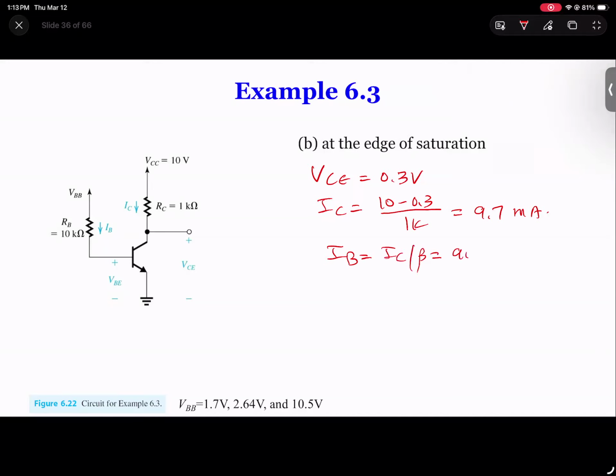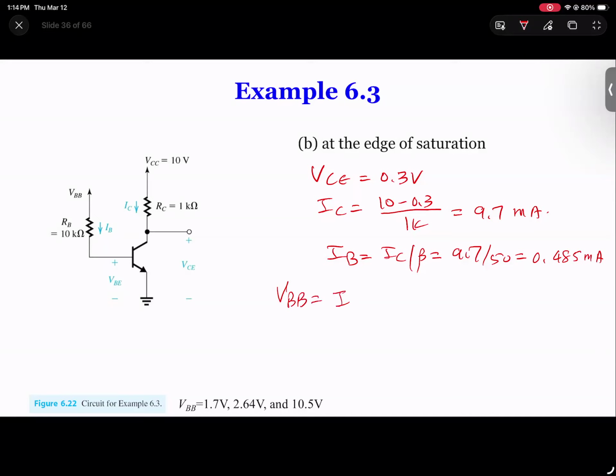So it's going to be 9.7 divided by 50. How much is it? 0.485 milliamps. So you get IB. So similarly, we can calculate VBB.